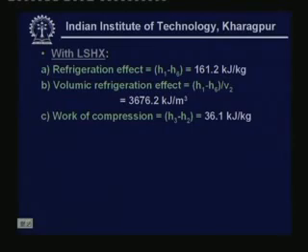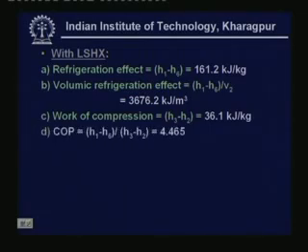Third, work of compression is nothing but H3 minus H2, and both the enthalpies are known to us. So, you find that work of compression is 36.1 kilojoule per kg. And then finally COP is refrigeration effect divided by work of compression, that is H1 minus H6 divided by H3 minus H2, which works out to be 4.465.